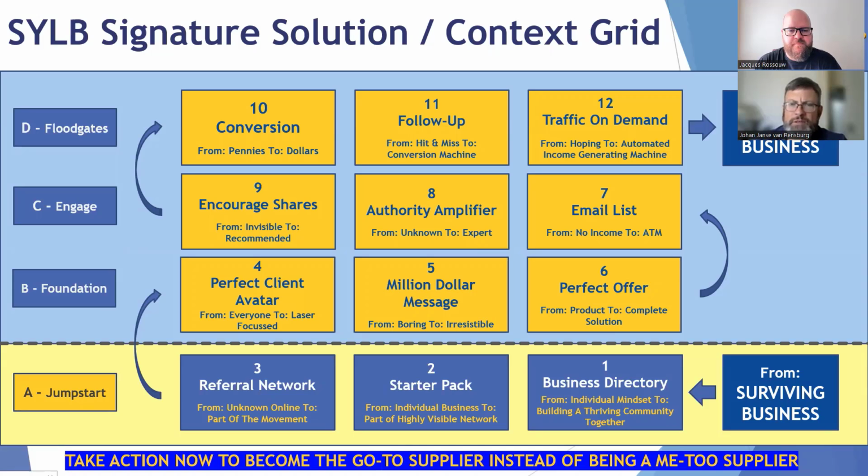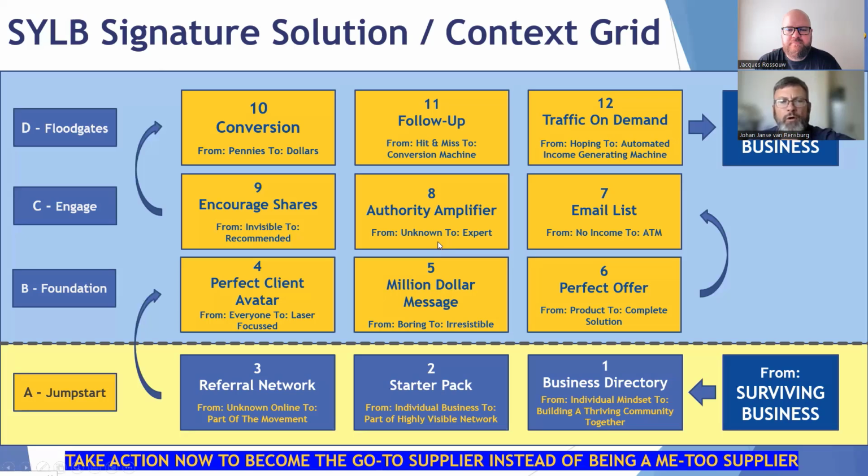Here, we sound like broken records, but if you think about it, it says there, surviving business, and then right there after following these 12 steps, thriving business. So that's the whole idea. We have 12 steps in our signature solution, and it's divided into main categories as well.